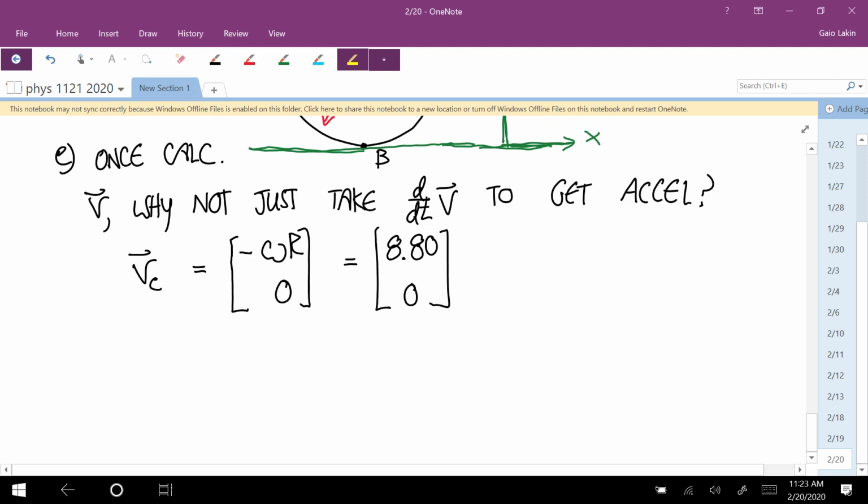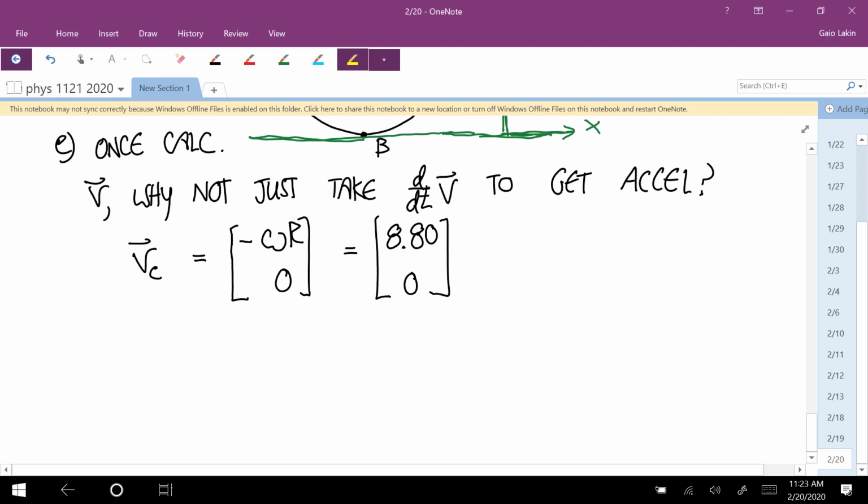So now we have two equations. We know that the radius is 0.34. The x equation says negative 0.34 omega is equal to 8.8. And so omega is 8.8 divided by 0.34.